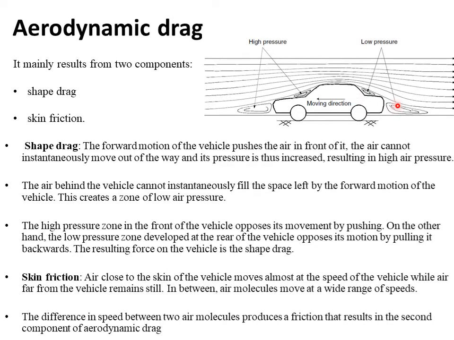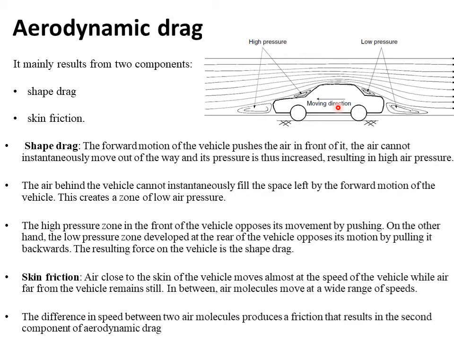Or, the vehicle is pulled backwards means this effect is creating a force opposite to the motion of the vehicle, against the moving direction. So that is what is called shape drag.